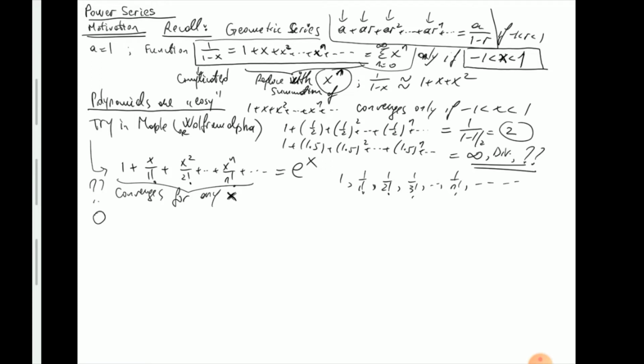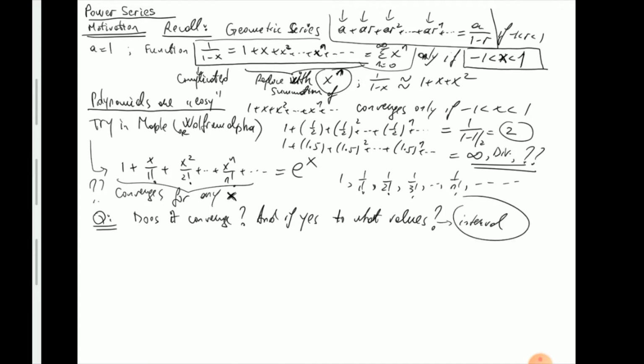So the question we're going to address is, for series of this type, which we will define immediately, does it converge? And if yes, to what values? You will see that in all cases for this type of series, which will be called power series, the values will actually be an interval, just like in the case of the geometric series.